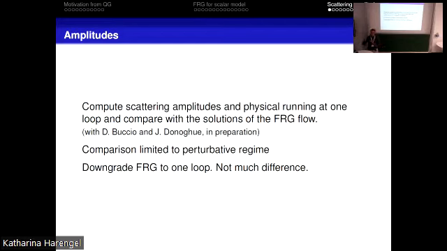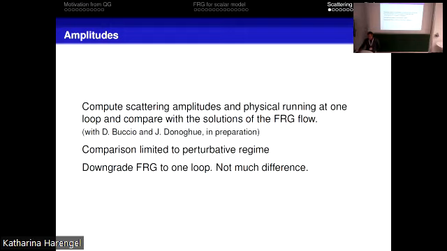You just forget some terms in the FRG. And I'm not going to repeat that, because the one loop approximation of the FRG has qualitatively the very same shape that I showed in the slides earlier. So I don't need to repeat the whole story.